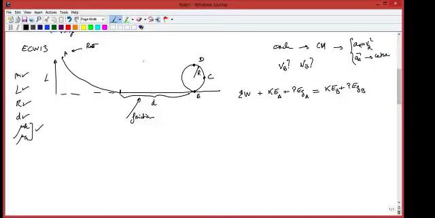All right. As the system goes from A to B, can you do a quick free body diagram, say at point F? What are the forces acting on our little object at point F?